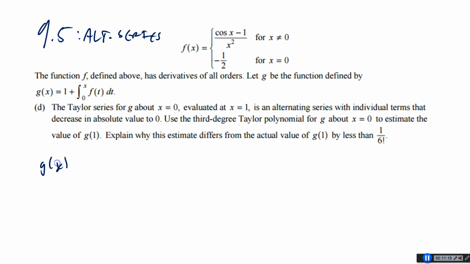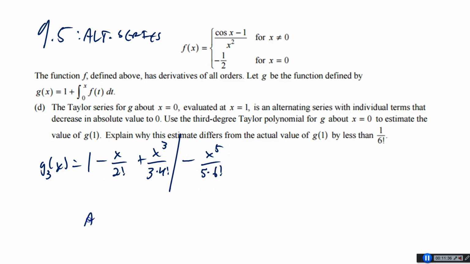So g3, because we're doing the 3rd degree, is 1 minus x over 2 factorial, plus x cubed over 3 times 4 factorial, minus x to the 5th over 5 times 6 factorial. We want to use the 3rd degree to do this.